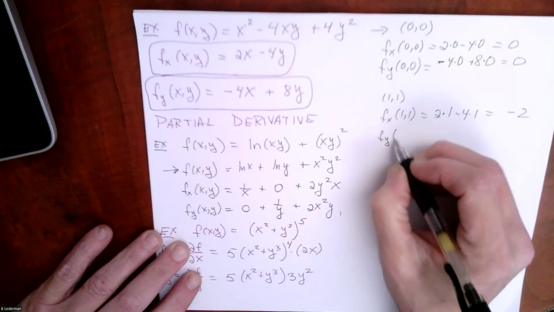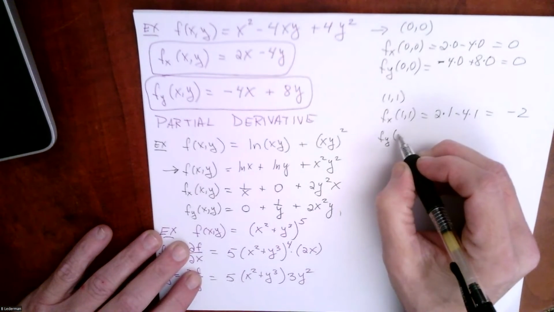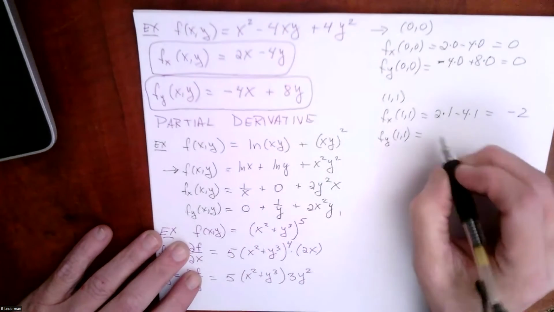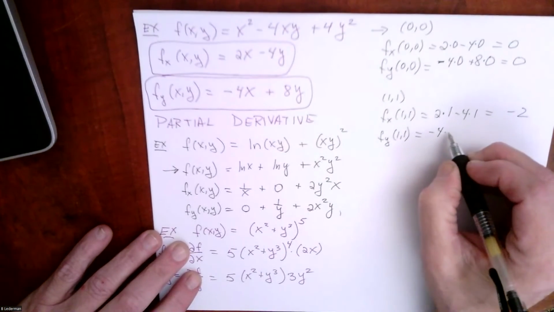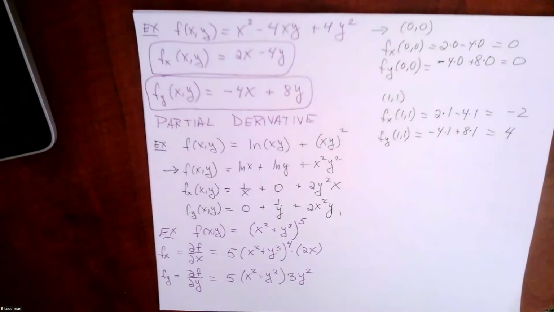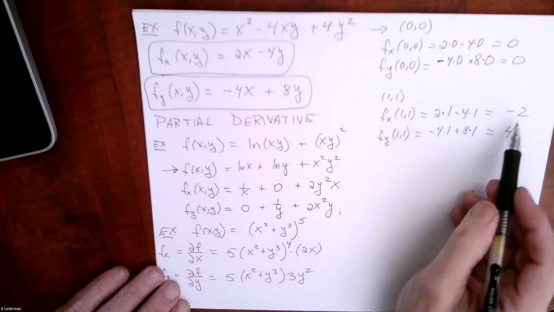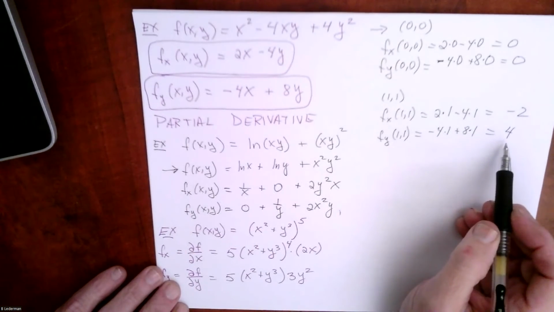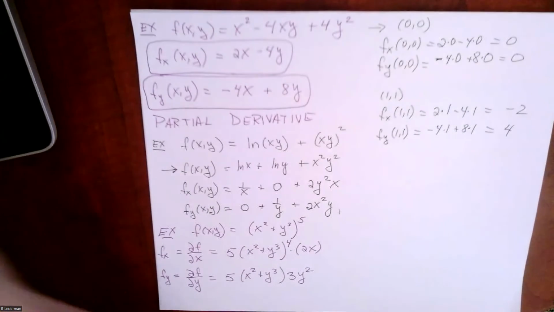F sub y of (1, 1), I'm sorry, is equal to negative 4 times 1 plus 8 times 1, which is equal to 4. So notice that f sub x is a negative number and f sub y is a positive number.